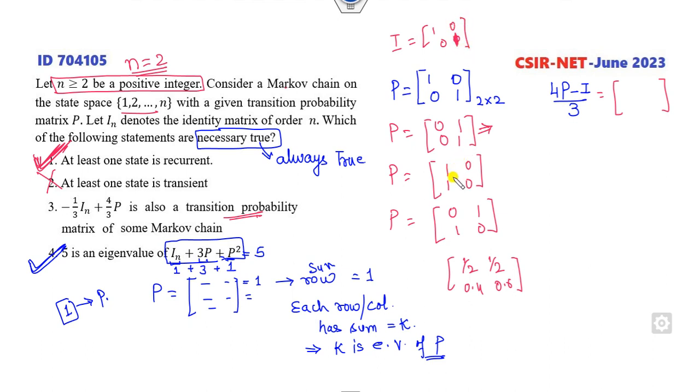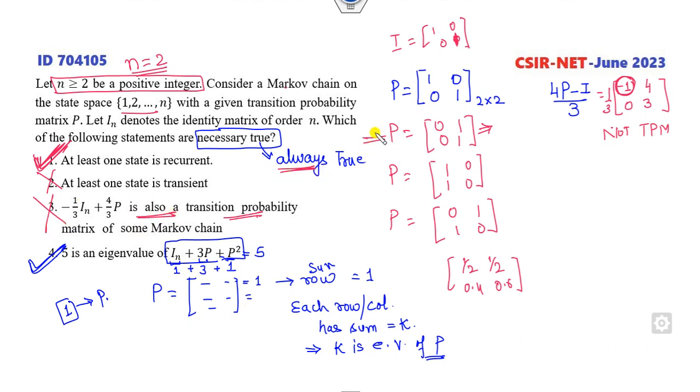So if I substitute 4P minus I, it will be 4P into minus 1. That's a minus 1. 4P gives 4. It's 0 and 0, and it's 4 minus 1, 3, divided by 3. So clearly, because this is negative, it is not a TPM. But the statement says it is always a TPM, so this option is cancelled.